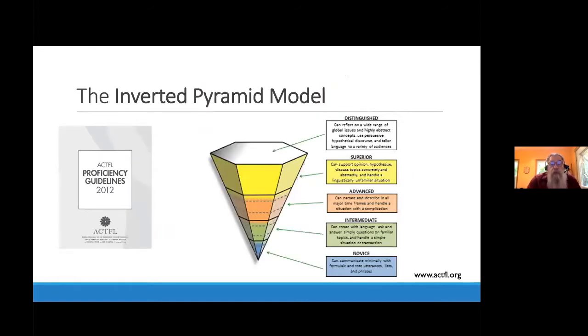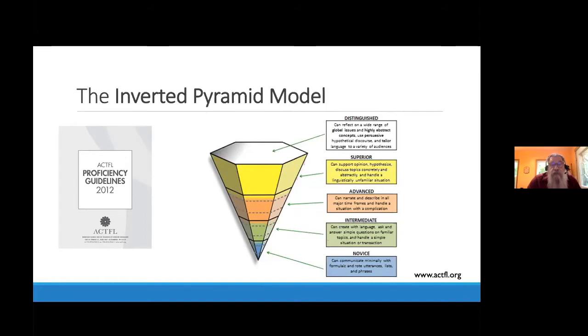We use, in describing the ACTFL proficiency and the development of proficiency, a model called the inverted pyramid model. And in this model, we have all of the major levels described in the proficiency guidelines: novice, intermediate, advanced, superior, and distinguished.